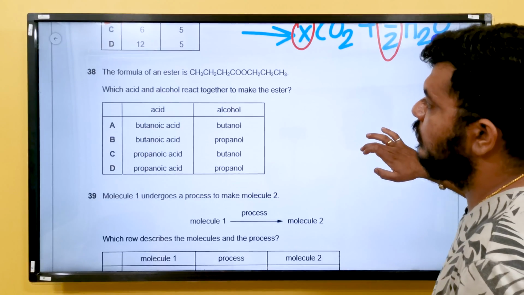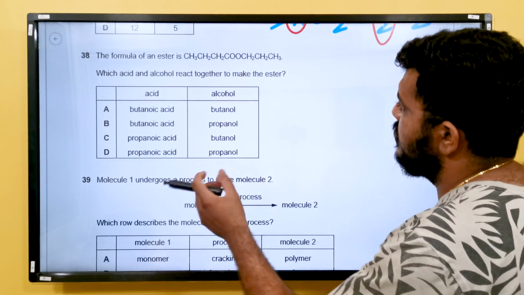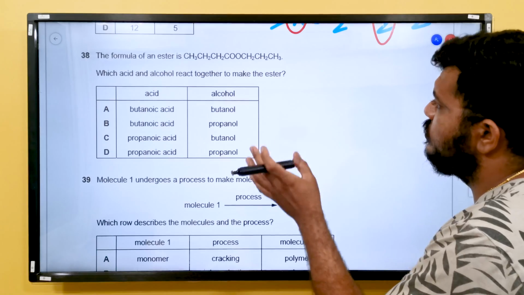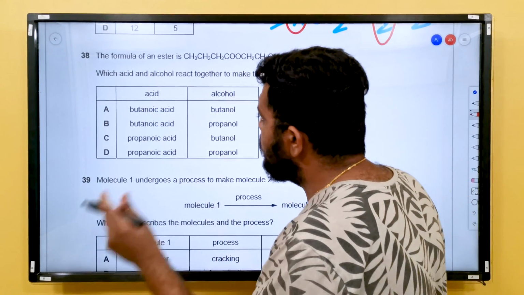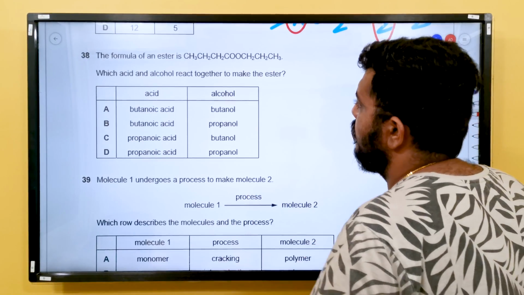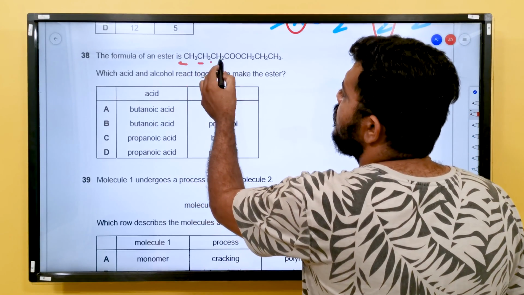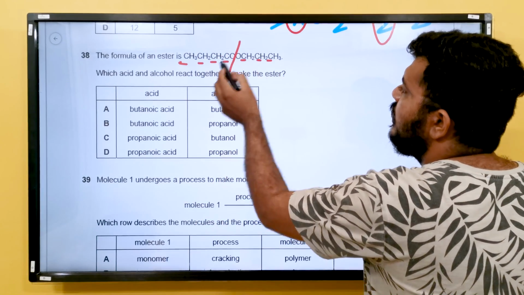Okay. The formula of an ester is given. CH3, CH2, CH2, COO, CH2, CH2, CH3. Which acid and alcohol react together to make the ester? Okay. So there are 1, 2, 3 and 4 carbons here. 1, 2, 3 carbons here.